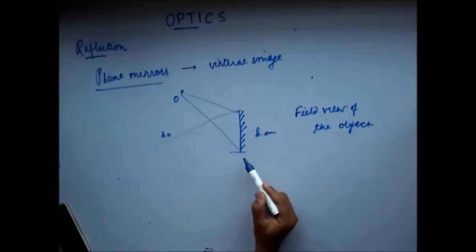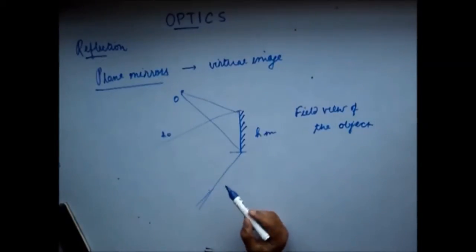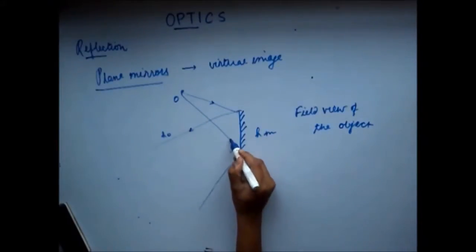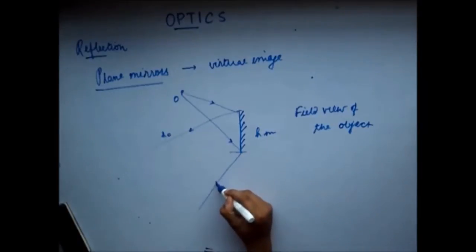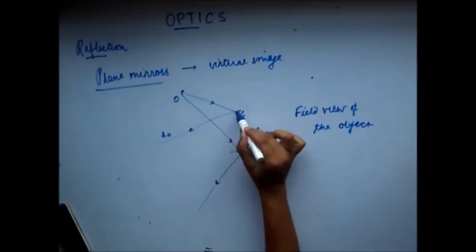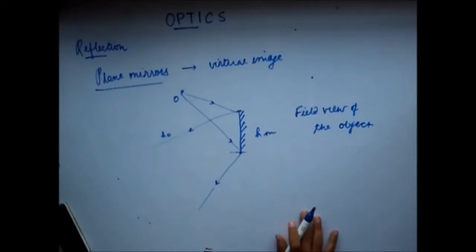The rays will be reflected like this, right? Okay, this is one ray, this is the other ray. So why did I take these two rays? Because these two rays are hitting the mirror at the two extreme ends of the mirror.